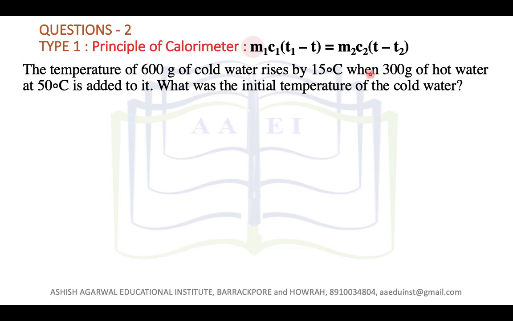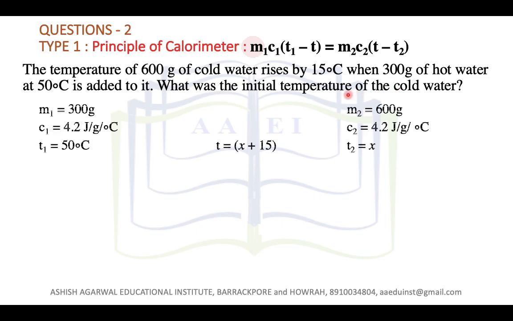And other substance, 300 gram of hot water. So here both the substances are water only. One is cold water, one is hot water. And the initial temperature of the hot water was given as 50 degrees Celsius. What is the initial temperature of the cold water? Very nice. We can very well judge that they have not given the initial temperature of the cold water. That could be the question, and that is actually the question. Let us see how the parameters go.